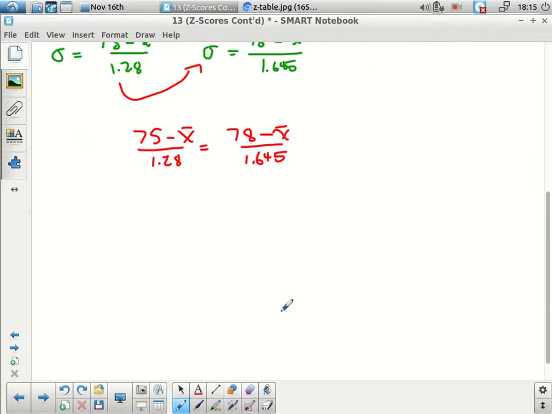All right, and now it's some equation solving. So to clear the denominators, I'm going to cross multiply. So I need to multiply this by 1.645 and multiply this side by 1.28.